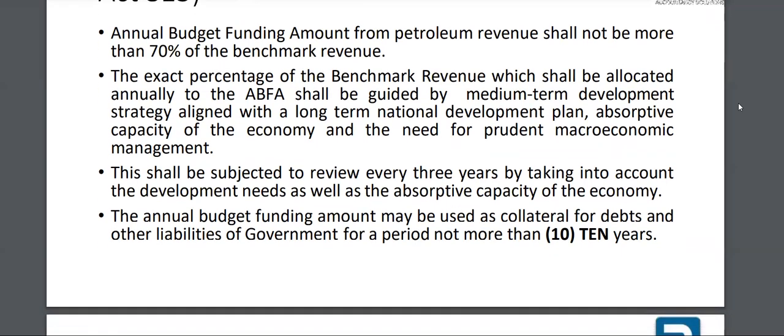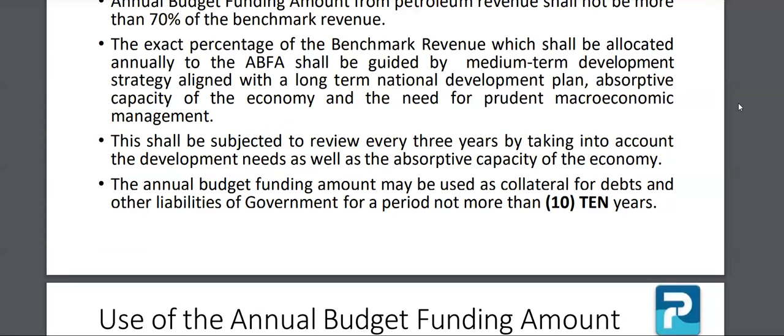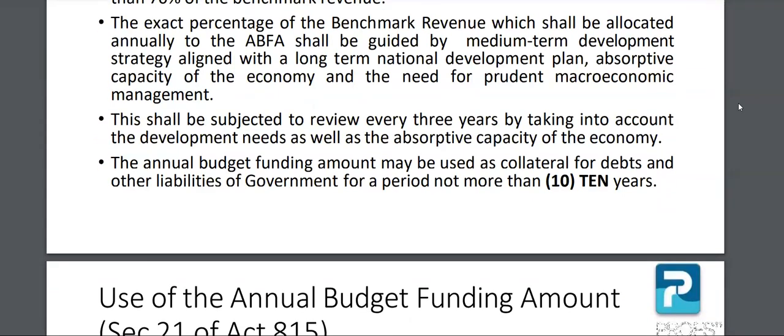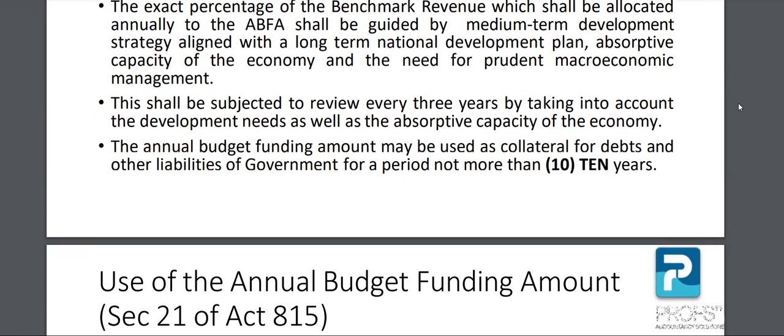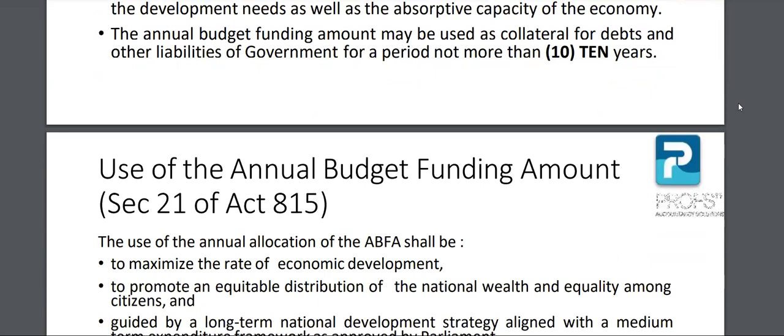But then the ABFA is used as collateral for debts. You see, we look at the prohibition use of the PHF. That one is for receipts and disbursement. You cannot use it for borrowing or anything. But for the ABFA, whatever amount that is in there, depending on agreement with whoever, we can use it as collateral for debts.